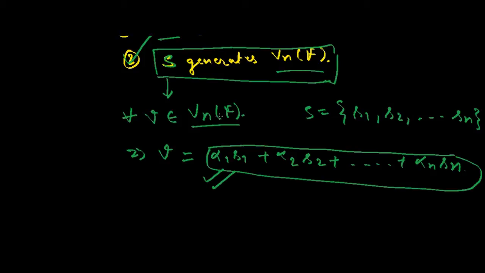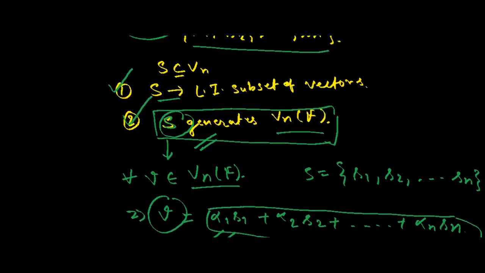If all the elements of the vector space can be represented as a linear combination of the elements of the subset that we are going to prove a basis, then this set S can be regarded as a basis of our vector space V. The first condition is also very important, that the elements of this subset should be linearly independent.